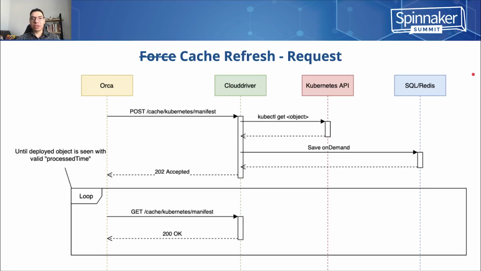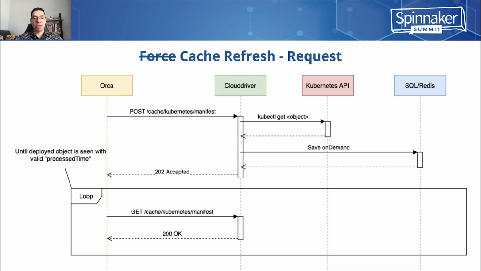Well, first we need to understand a bit how Spinnaker works internally. This is the first part of the sequence of the force cache refresh task. We can see that it begins with Orca sending the request to Cloud Driver to refresh the cache for a specific object.